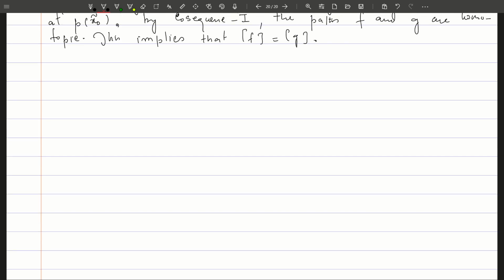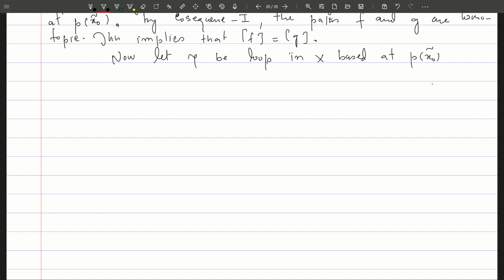Actually we have missed something here. Now let us prove the second part. So now let gamma be a loop in X based at P of x naught tilde.